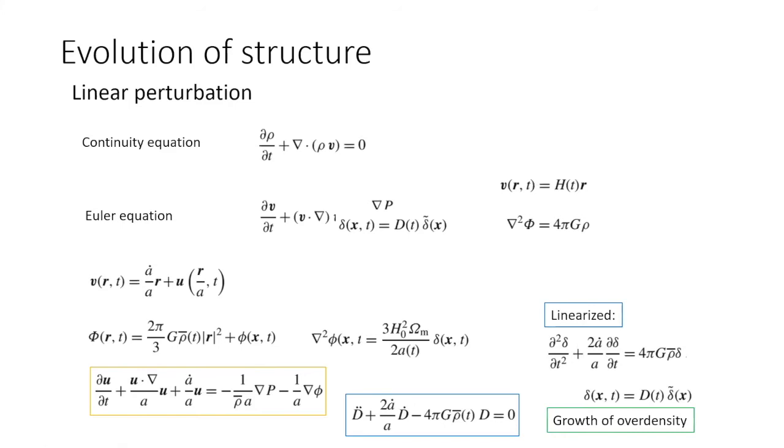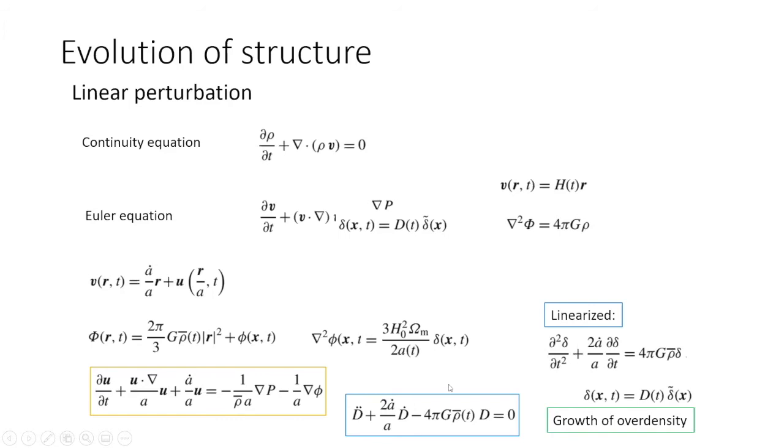So putting all those together, the continuity equation and the Euler equation, you have an equation that describes how velocity changes with time. Time is actually attributed to this expansion of the universe.